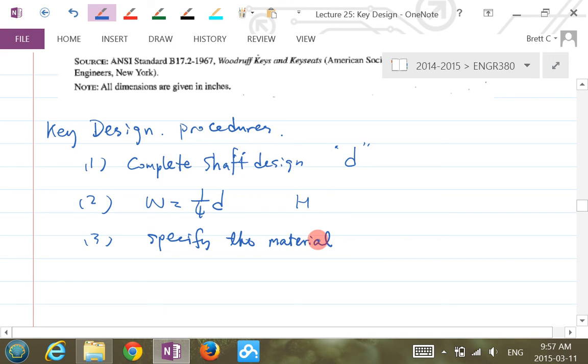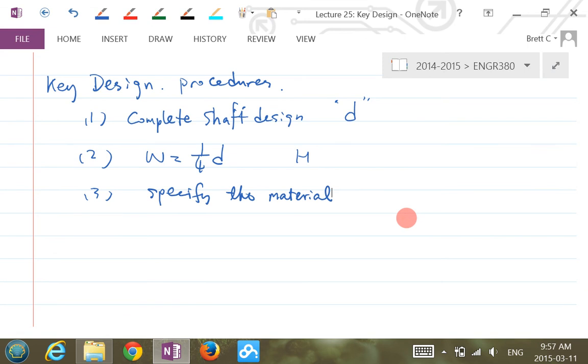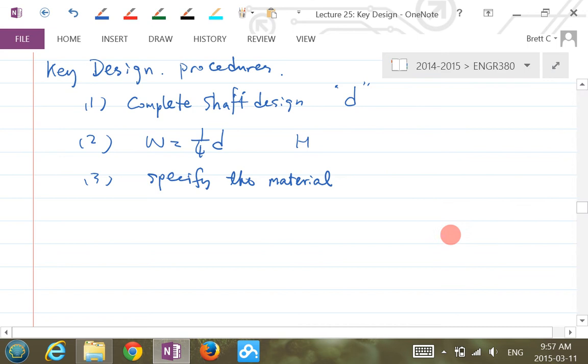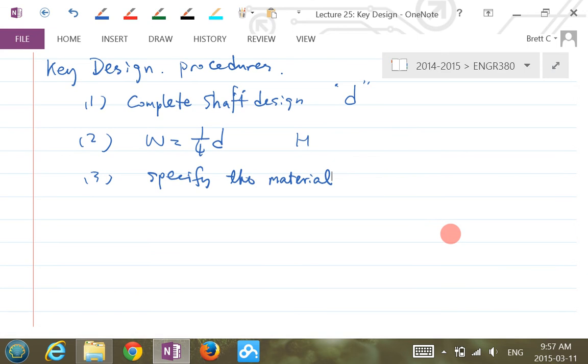Remember, you want the key to fail first. So in most cases, you pick the key material to be less strong than the shaft or hub material. You design according to the minimum yield strength. There are three things in contact here: the hub, the shaft, and the key. If the key material is the weakest, you design based on your key material.